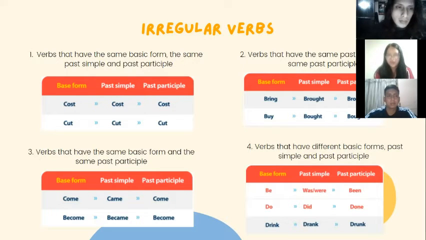Number 3, verbs have the same base form and participle. For example, base form come, past simple came, past participle come. And number 4, verbs that have different base form, past simple and past participle. For example, base form be, past simple was or were, and past participle been.